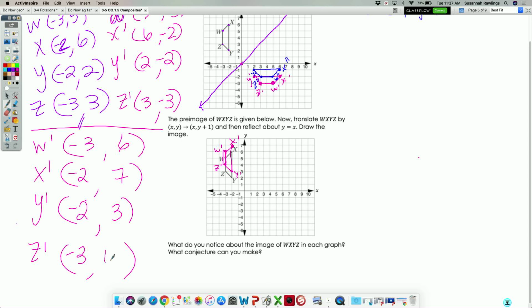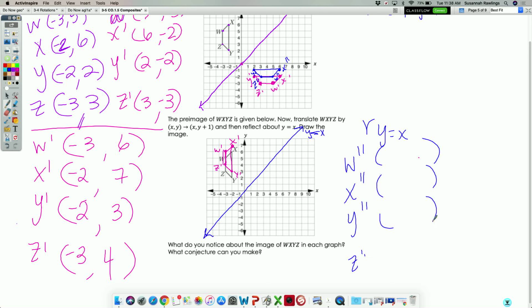Do you guys agree? Alright. So we have our pre-image points. Now we're going to reflect it across that diagonal line. So let's go ahead and draw in that diagonal. There's our line y equals x. What do we do with those points to get our double primes? Good, we flip them. So I'll pause here and let you guys flip your points and graph it.